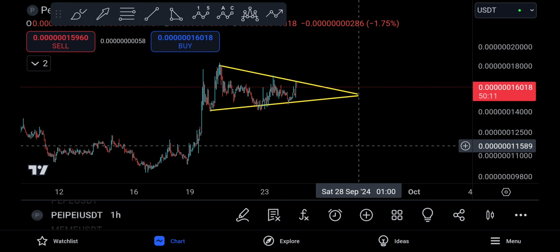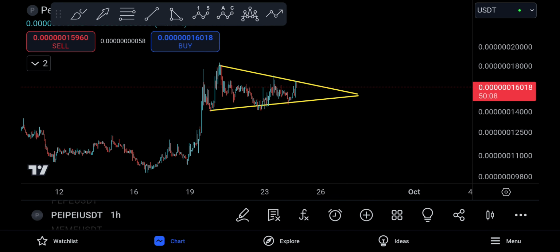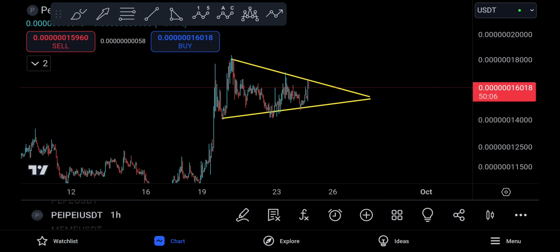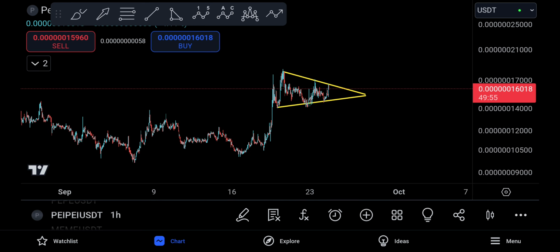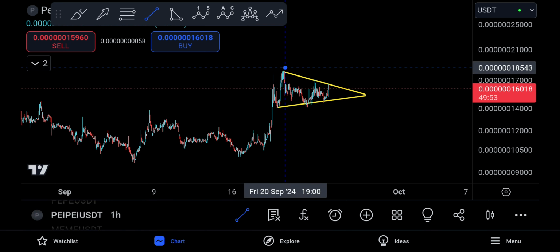Now the maximum time is going to be the 28th of September. Today is the 24th. In 4 days you're going to have the break. You could see a little bit of a touchdown one more time, and then eventually by the 26th or 27th you could break above, and we could see the next technical target, hopefully.